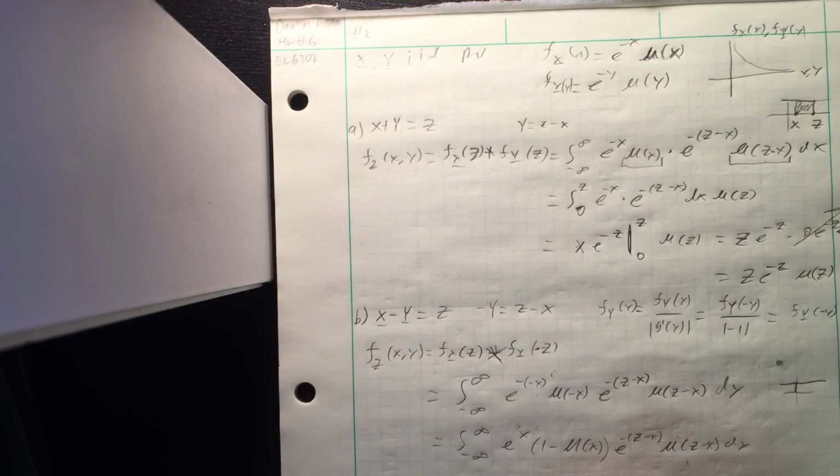So e to the 2x over 2, evaluated from z to negative infinity, minus e to the 2x over 2 from z to 0, u of z.